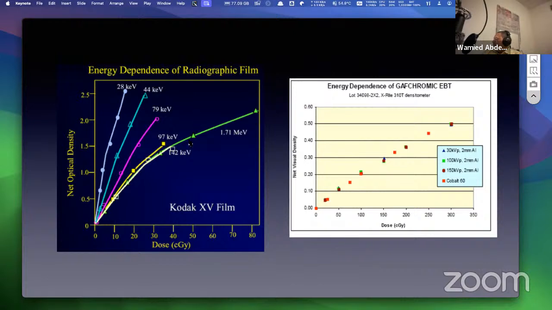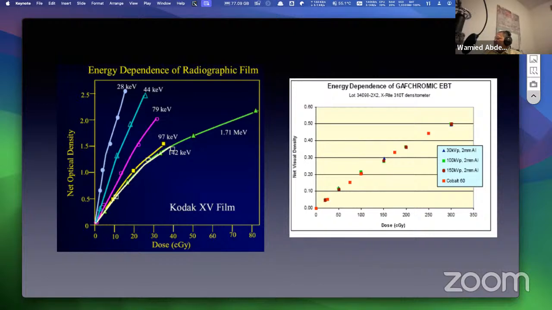On the other hand, here on the left, we have a radiographic film which shows strong energy dependence. This is a calibration curve. We delivered the dose using multiple different beams. And these response curves are different. They are not the same. So if someone, for example, obtained this calibration curve on this beam, we cannot use the film to measure a dose on this energy, 28 keV.